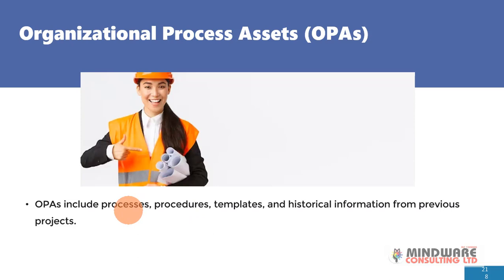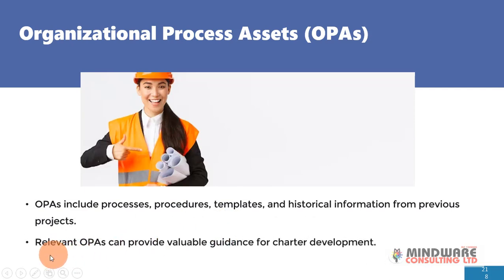The processes from previous projects, the procedures, the templates you use, and any historical information, all the things that were done in previous projects, could serve as a very important reference that can help you perform better and achieve better results in your current project.